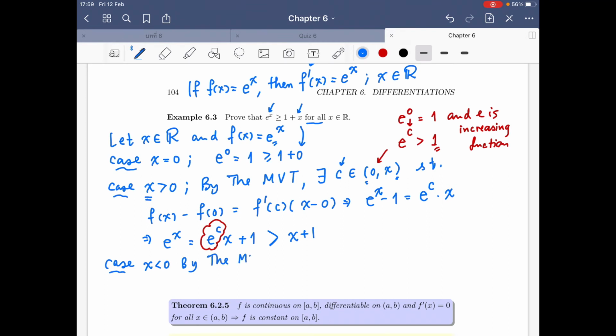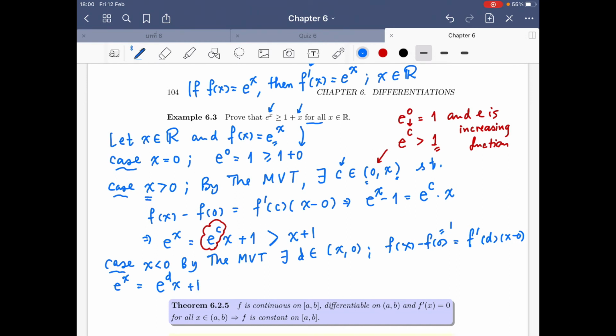All right. Of course, for the second case, if your x is negative, by the same old theorem, by the mean value theorem, we got a point d inside this interval again from x to 0, because right now your x is on the left of your 0, so that f at x minus f at 0 equals f prime at d times x minus 0. So your f at x is e to the x, and your f at 0 again is 1, so it will equal e to the d times x plus 1.